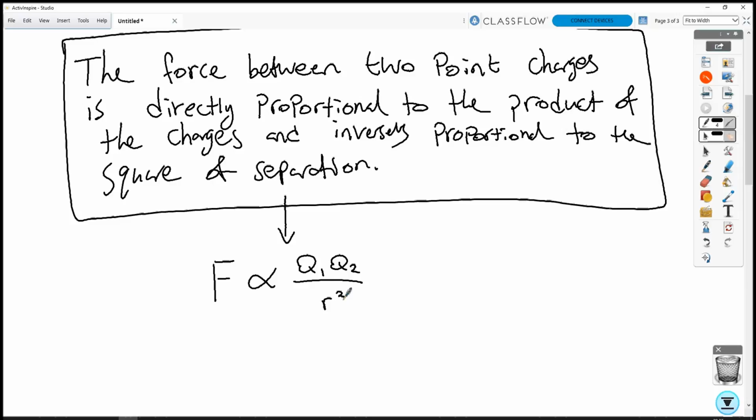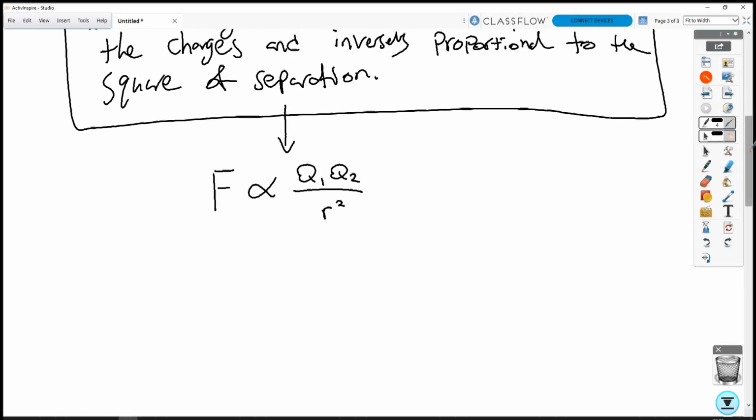Now that looks very similar. It should remind you of Newton's law of gravitation, F is proportional to M1 M2 over R squared. Now we don't like proportionality symbols, so we're going to get rid of it and put a constant of proportionality in its place. So we say that F is equal to some constant multiplied by Q1 Q2 all over R squared.